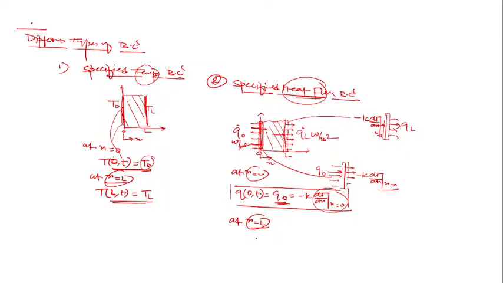So I can also write minus K into dT upon dx at x equal to L is equal to Q of L. This is another boundary condition. Yes or no?